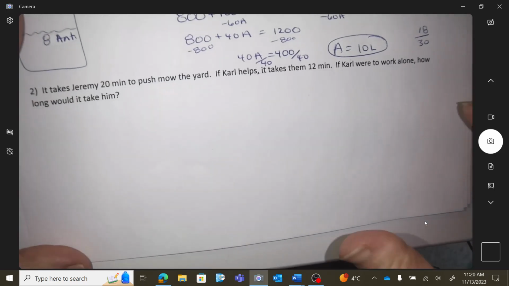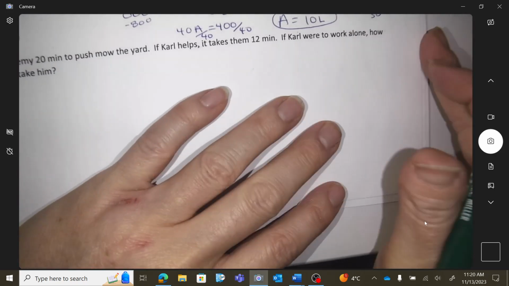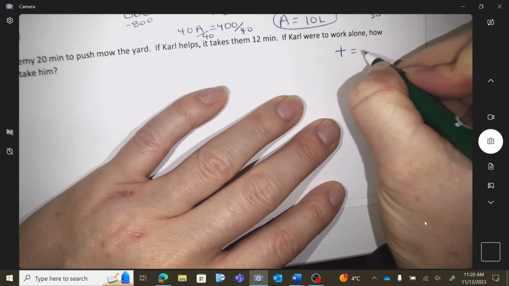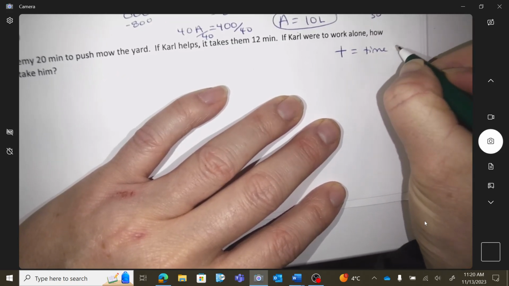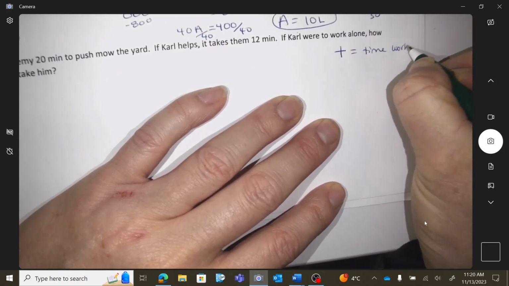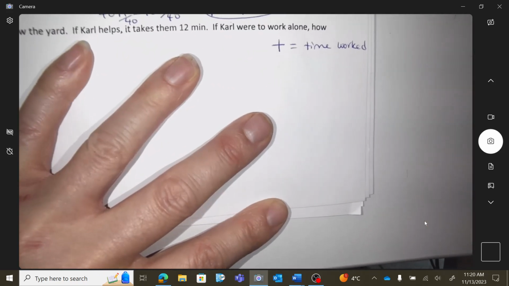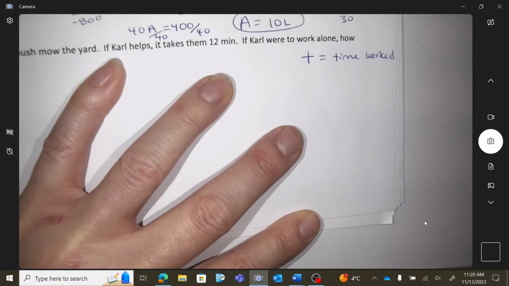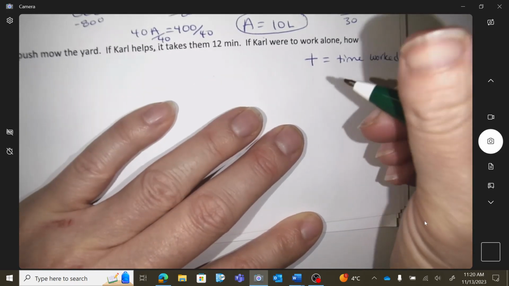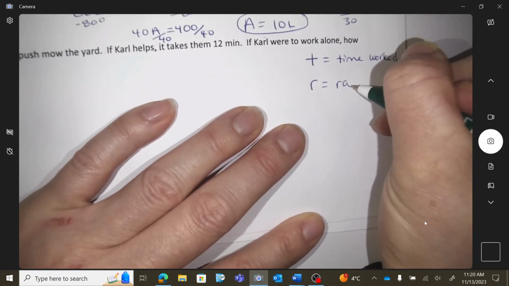Okay, number 2. So these questions, T equals time worked. R equals rate.